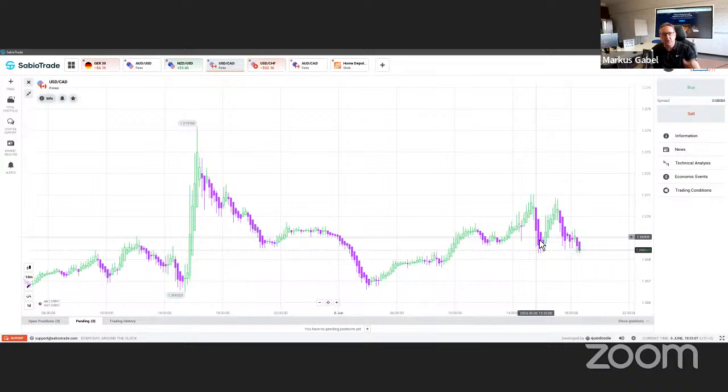So even if you just use the Heikin-Ashi indicator, it's a very, very interesting strategy. When the color changes, you buy. For example, when the color here changes from violet to green, then you buy, and when the color changes again, then you sell.